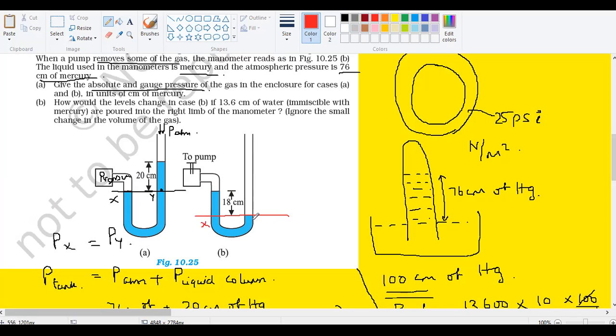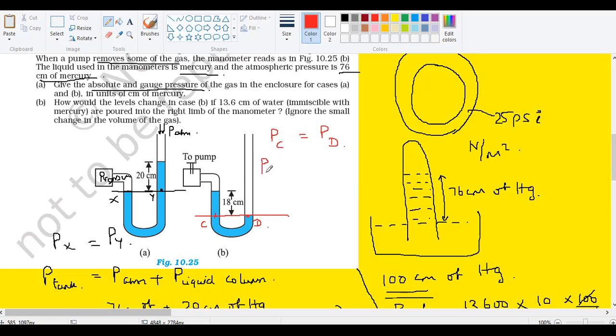So here I call it X and Y, or let's call it by some other name. Let's call it P and Q, or what else can you use? X, Y, Z, C and D. So by the property of liquid, you know that pressure at C is equal to pressure at D. Who is pressing on top of C?